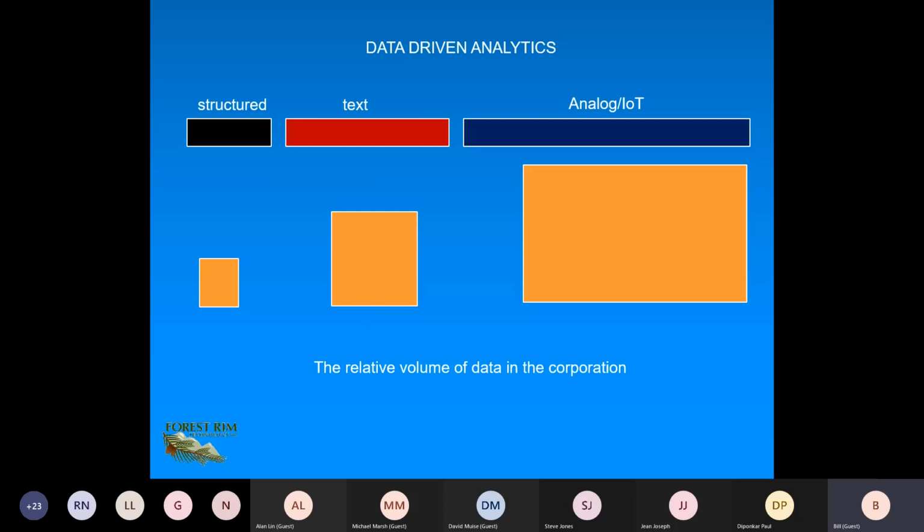And then we go to our analog or machine-generated data, and we end up having lots and lots of machine-generated data. So you can think of the proportional size of these pieces of data to look something like this. Now, these ratios vary from corporation to corporation. Not all corporations will fit exactly the model we're showing here, but many corporations do.